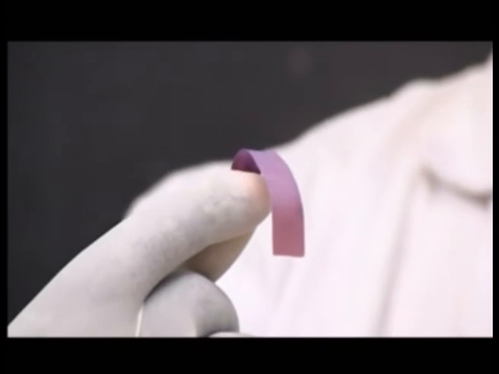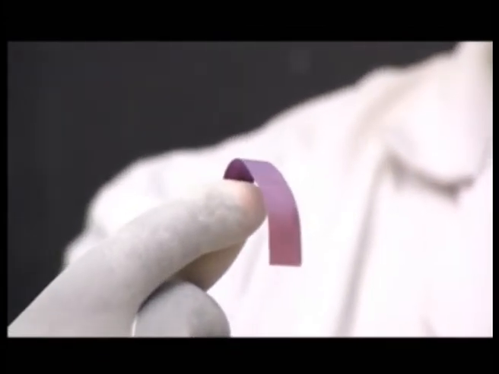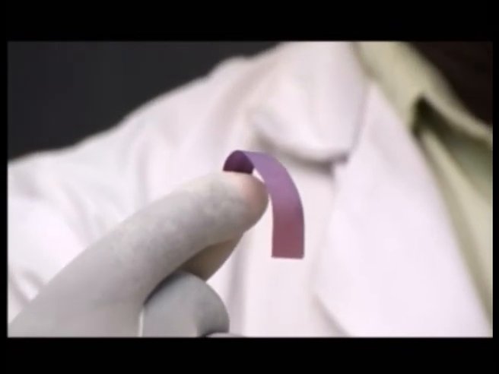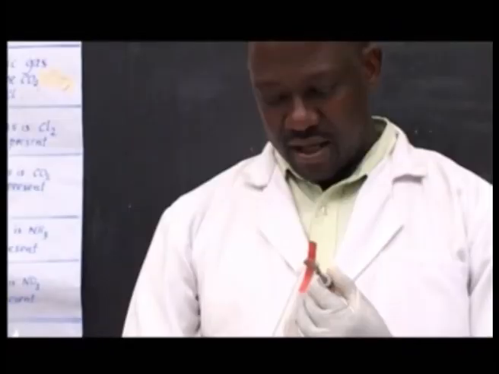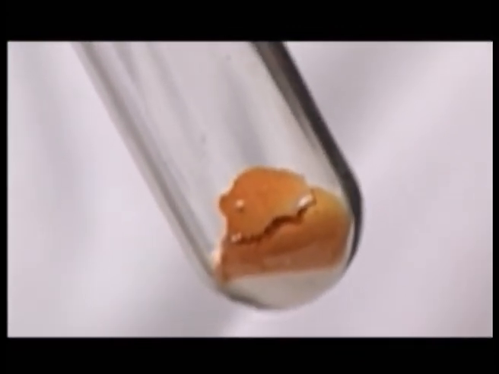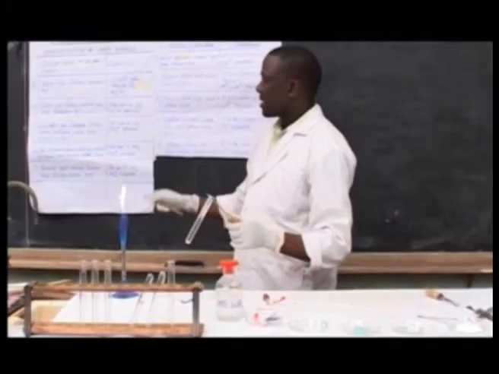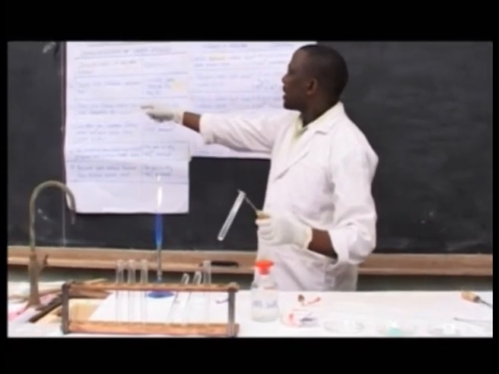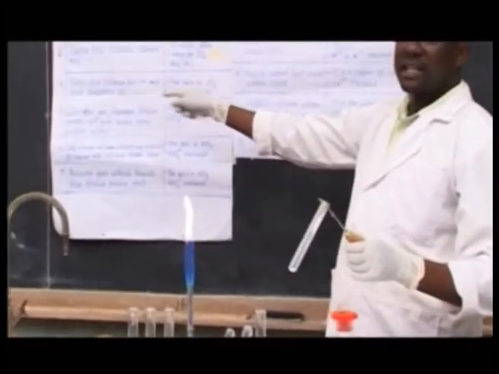As you can see, the color of blue litmus indicator has changed into red, and the color of residue is reddish brown when it is hot. The gas evolved turned blue litmus paper red.